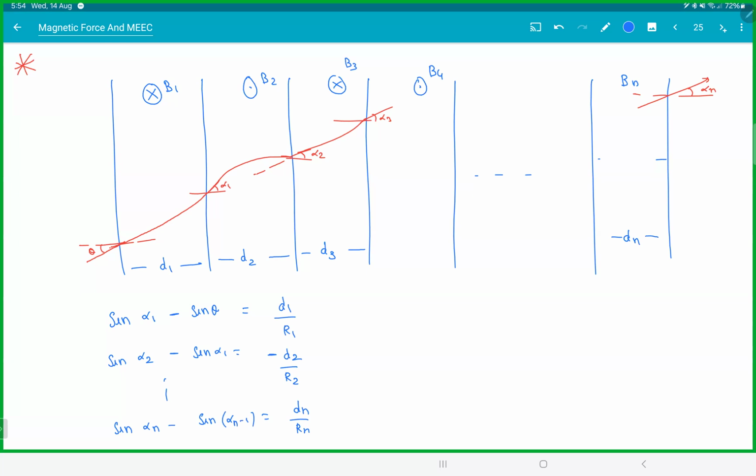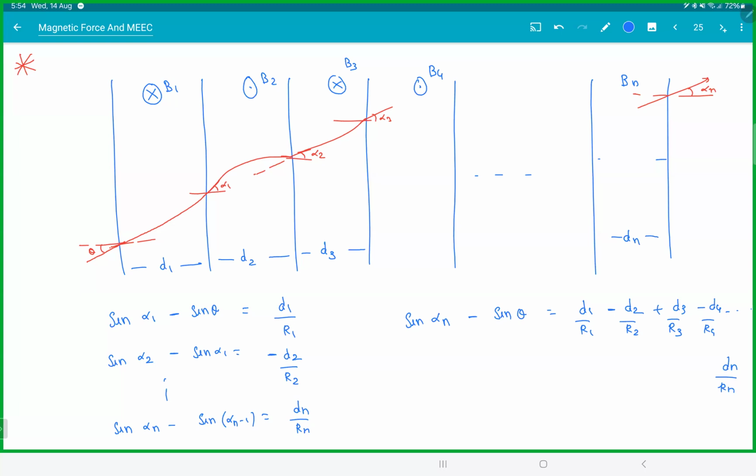When I add all of them, alpha 1, alpha 2, everything cancels. You end up with sin alpha n minus sin theta, the initial angle, equal to the summation: d1 by r1 minus d2 by r2 plus d3 by r3, d4 by r4, and so on till dn by rn.